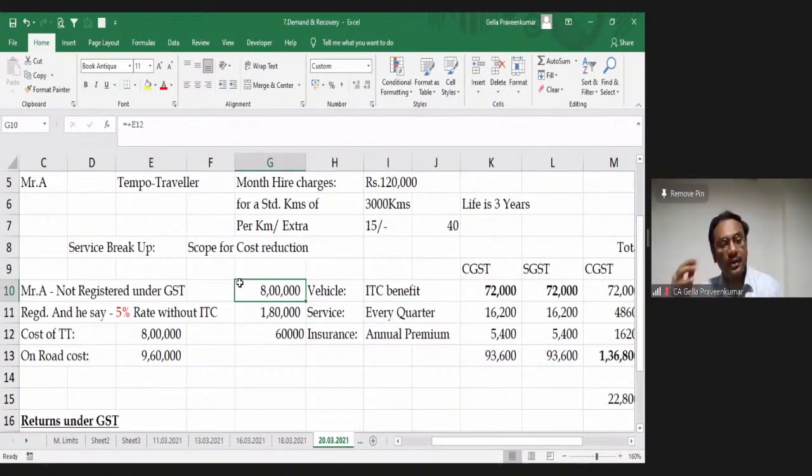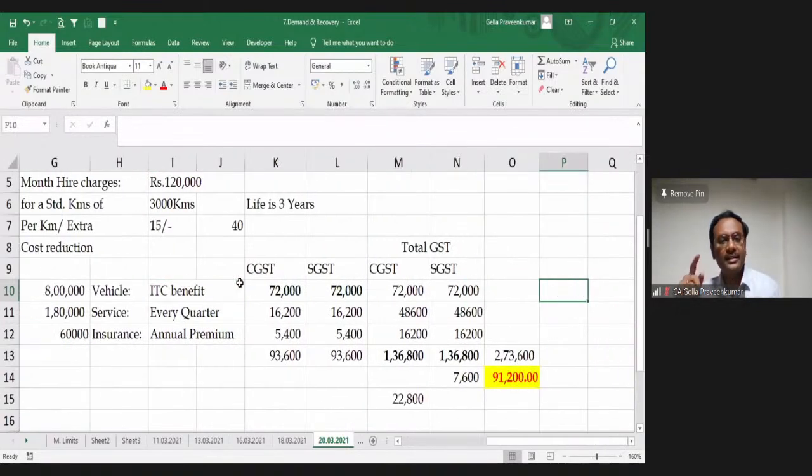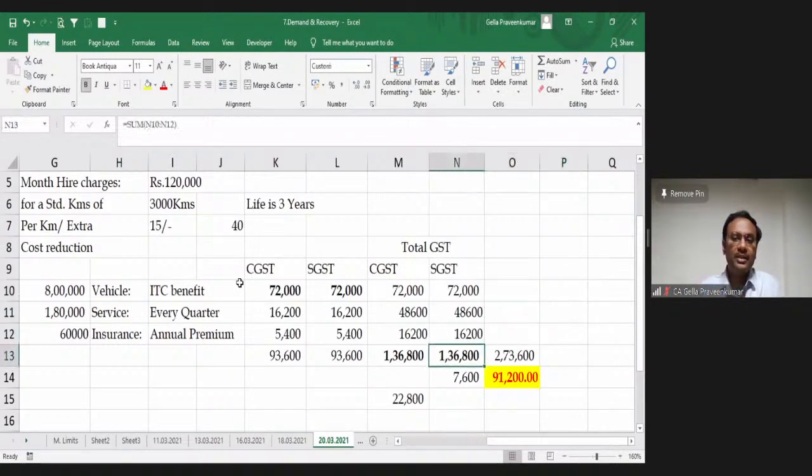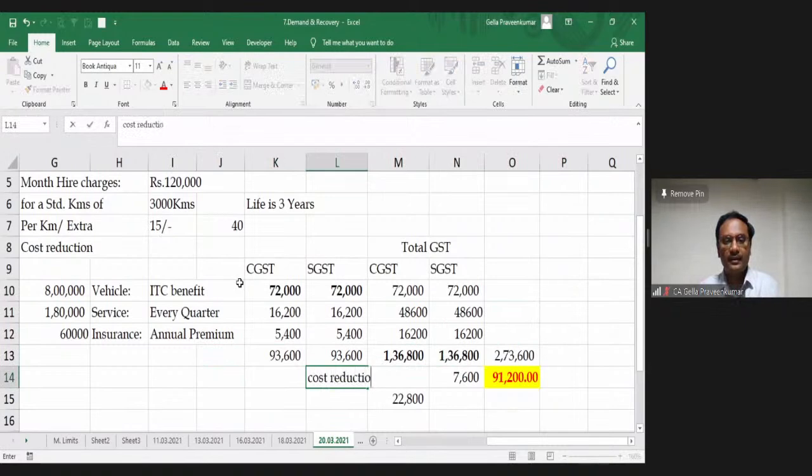He has a fear of audit. If you think of fear of audit, there's a benefit of 7,600 straight away which is getting lost by virtue of non-availment of input tax credit. So first and foremost, this is one fundamental we need to examine. What is the scope for me to see whether there is tax planning which can be done for cost reduction? This is one measure we can think of, my cost reduction for the operations.